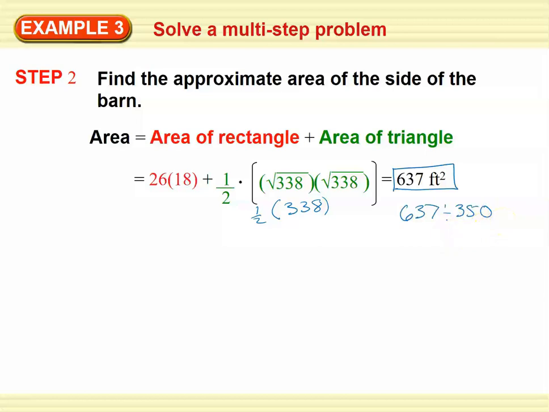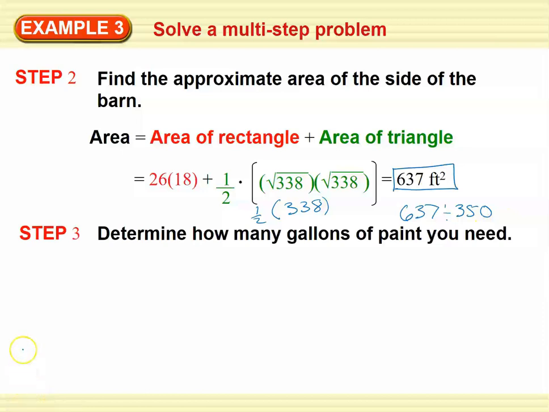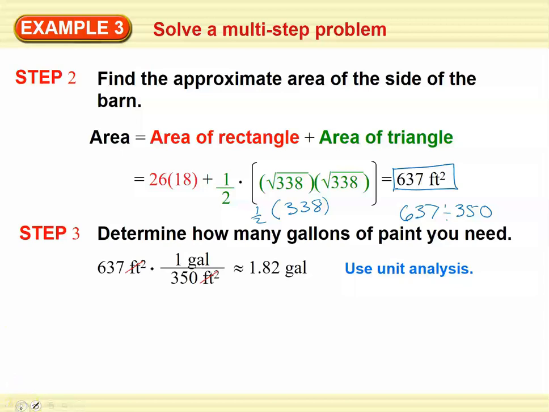Sometimes you don't know if you're supposed to multiply or divide. So what you could do, we talked about way back in chapter 1, I think, the idea of unit analysis. I know you guys do this in chemistry as well. We know that this is our area, and 1 gallon is equivalent to 350 square feet.